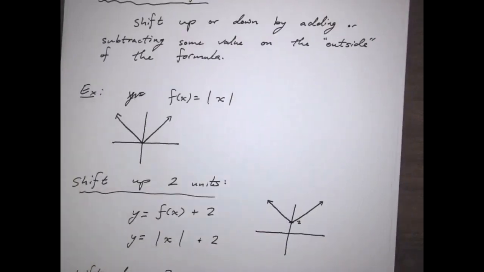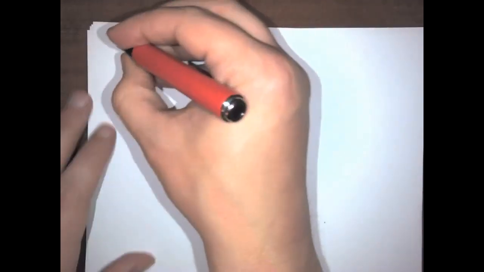Now let's stay on the vertical side of things and discuss vertical stretches and compressions. So vertical stretches and compressions, and then along with those also reflections, come from doing this.